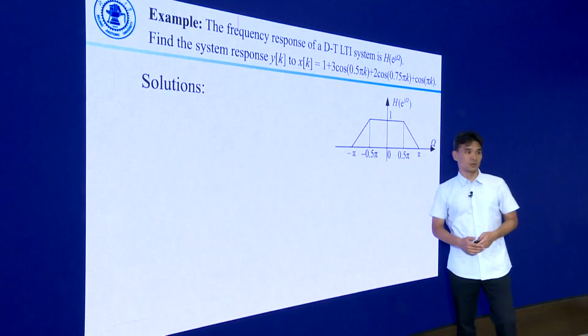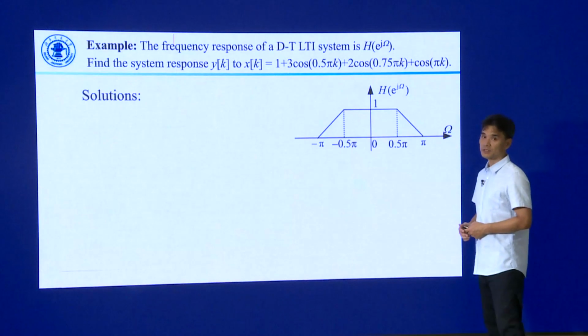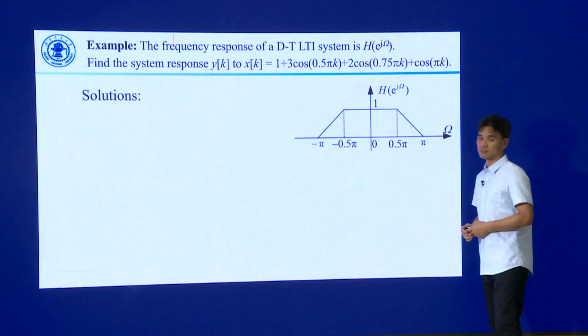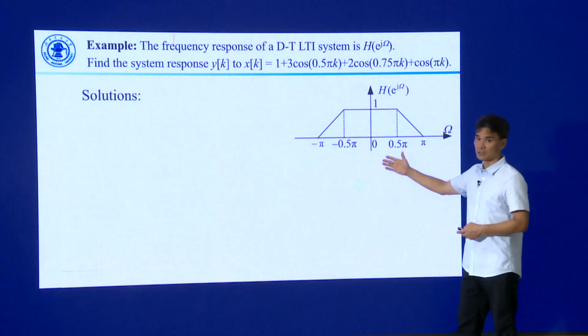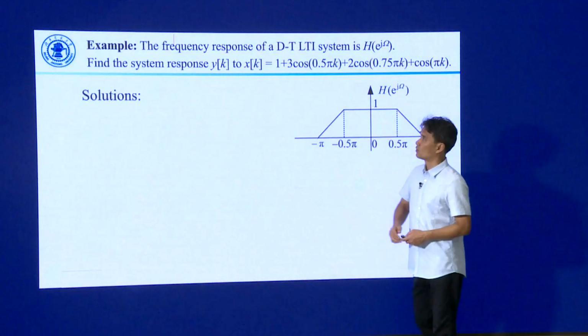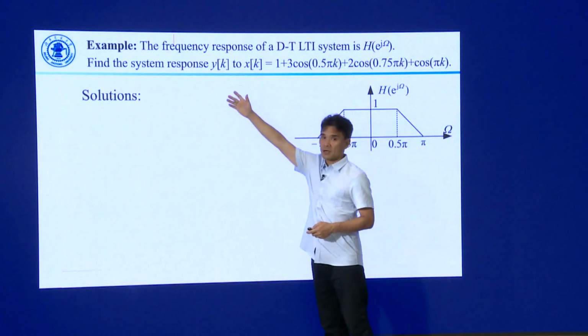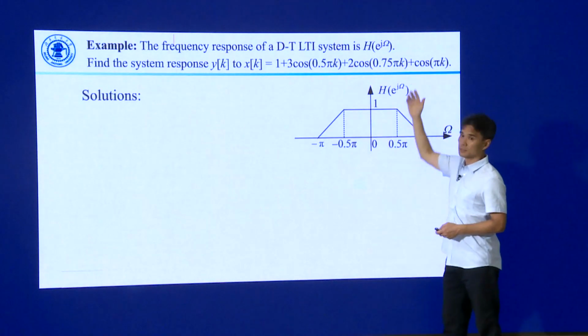Now let's take a look at one example here. We have a discrete time LTI system whose frequency response is depicted in this plot. And we're asking what is the response of the system to this input.